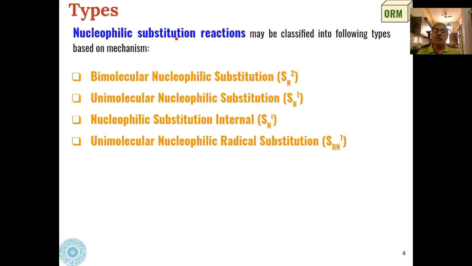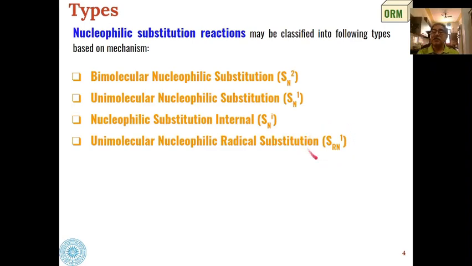Then nucleophilic substitution reactions may be of these four types: bimolecular nucleophilic substitution, unimolecular nucleophilic substitution, then nucleophilic substitution internal, the SNi type of reactions. Then another category is unimolecular nucleophilic radical substitution.